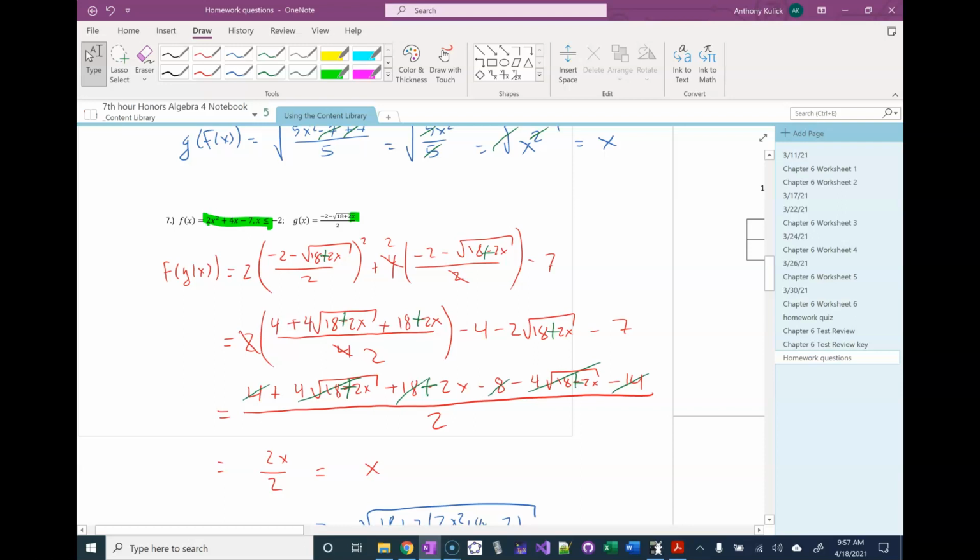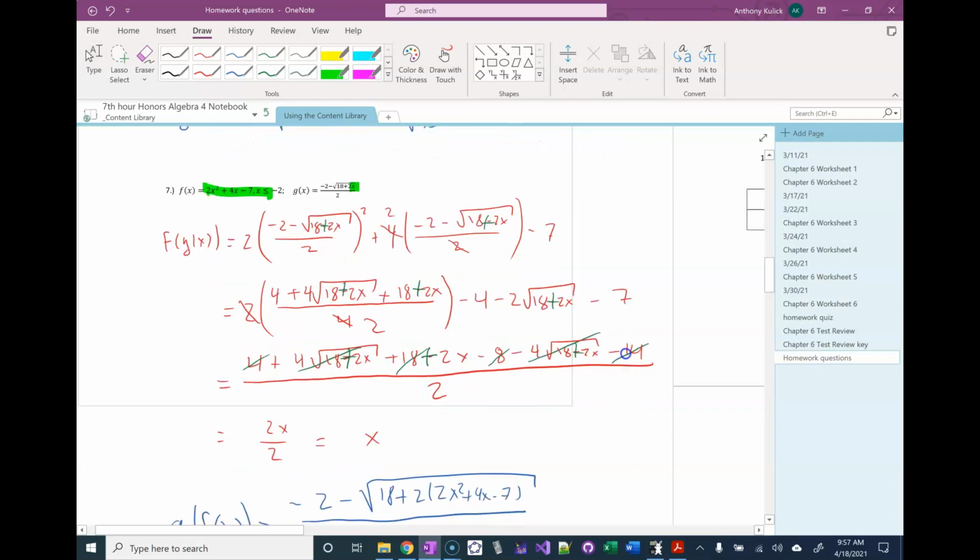Well, it shouldn't work one way and not the other. So there should be some issue going on here. Let's take another look here.